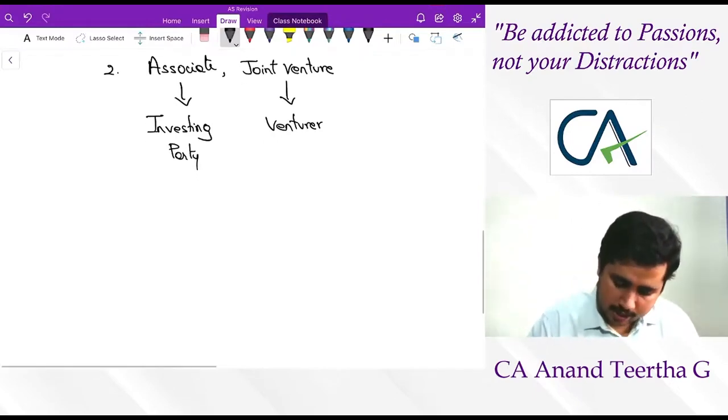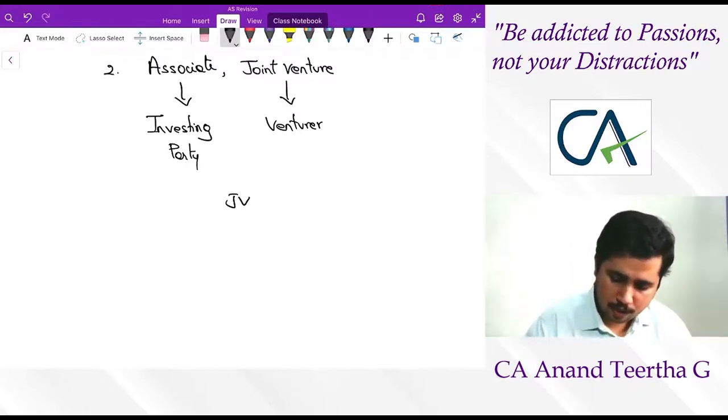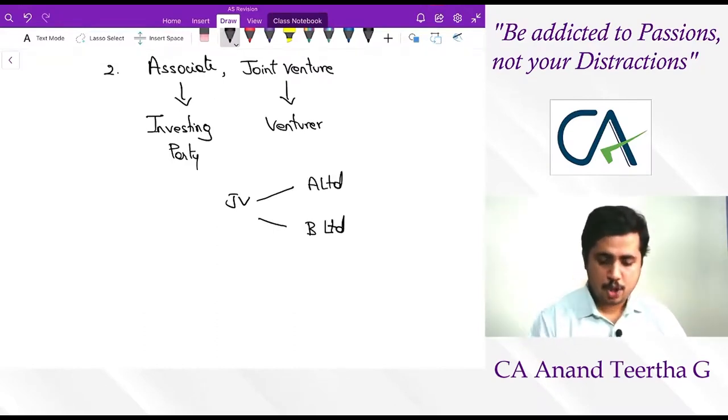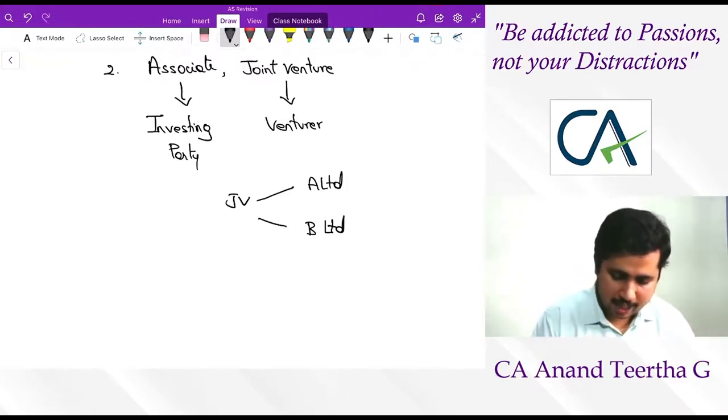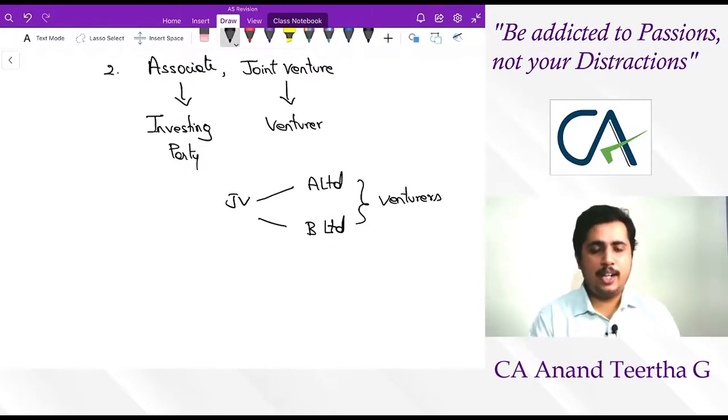Assume that say there is a joint venture. Okay. What do you mean by joint venture? Venture between two people. So for this joint venture, there is A Limited and there is B Limited. Okay. So joint venture is the venture we have, and A Limited and B Limited are called as venturers. So what is the point telling us?